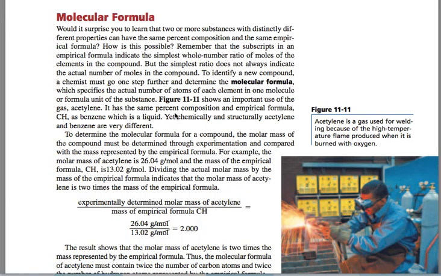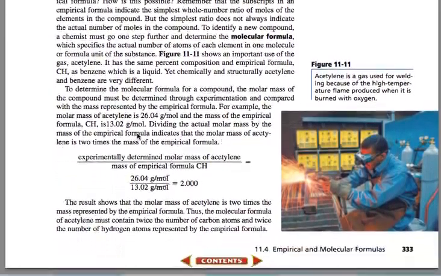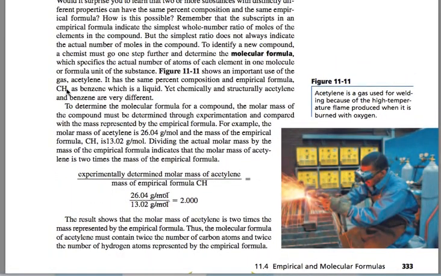It has the same percent composition and empirical formula, CH, as benzene, which is a liquid, yet chemically and structurally, acetylene and benzene are very different. Okay, so they both have a 1-to-1 ratio of carbon and hydrogen, but I'm guessing that they have different multiples of carbon and hydrogen in one molecule.